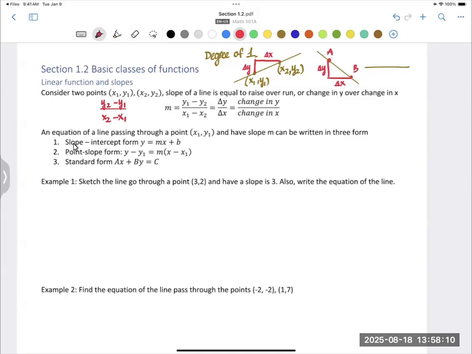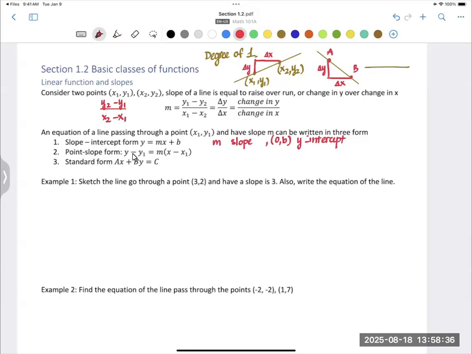The first form is called slope-intercept form, which is y equals mx plus b. m is the slope, and b is called the y-intercept. Okay, and then the second form is called point-slope form. The point-slope form is y minus y1 equals m times x minus x1.